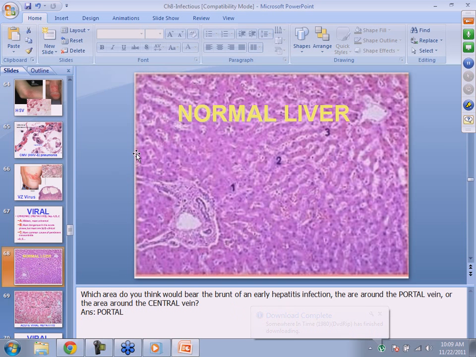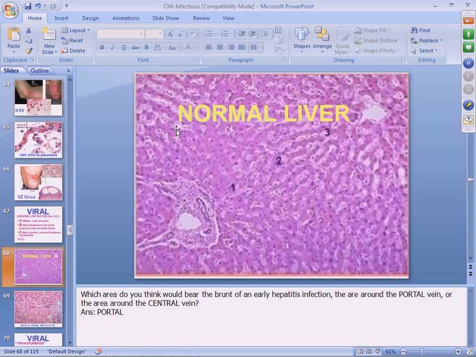Now, if you go back to your normal liver, and you know this is a pretty normal liver because you can see the three things in the hepatic triad or portal triad, which you should see. You could see a nice big vein. You could see a couple little epithelial lined bile ducts. And I would think possibly that thicker walled blood vessel is probably an artery, and then you have a nice limiting plate.